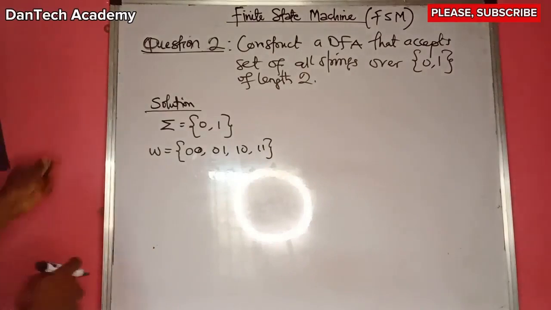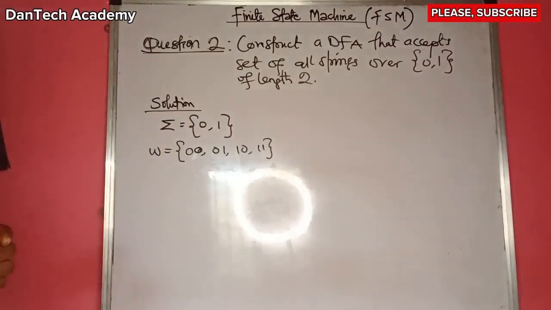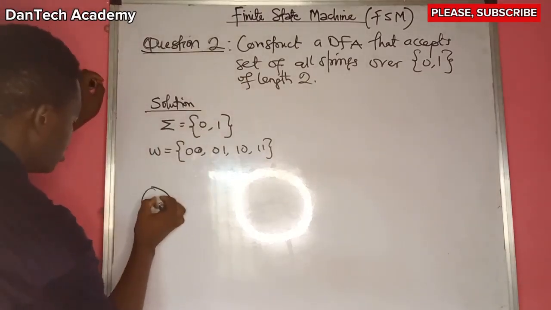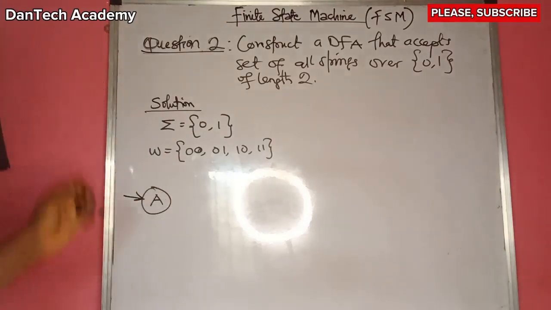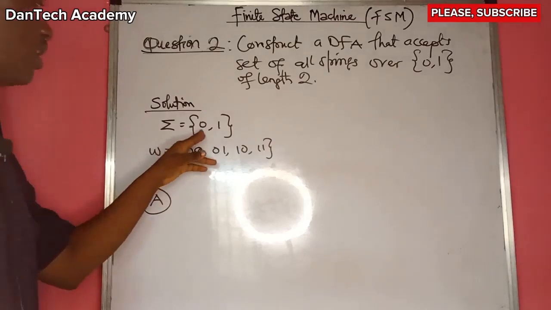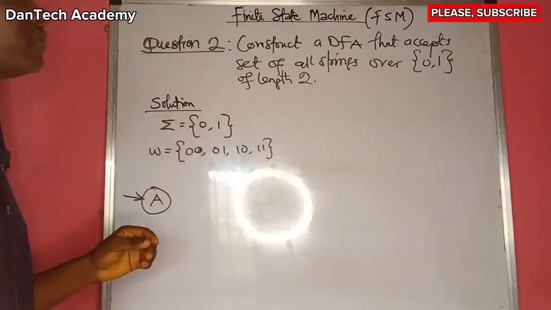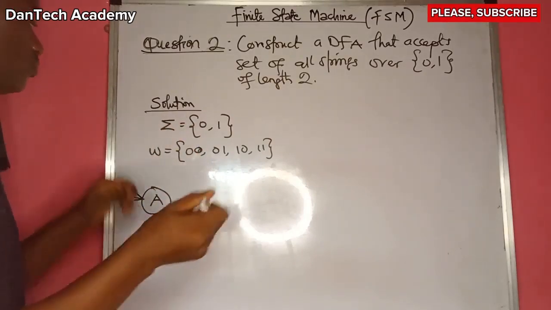Now that we've achieved this, the next thing is to see how to construct the DFA that accepts the set of all strings of such. Firstly, let's use A as our initial state. For the first input, we have 0, 1.